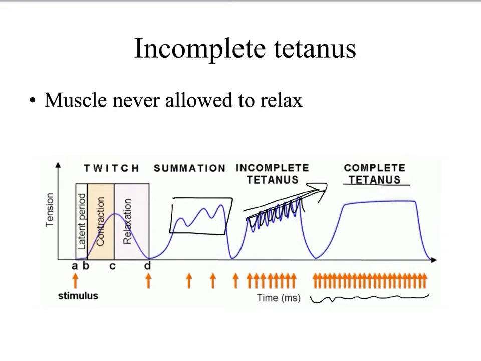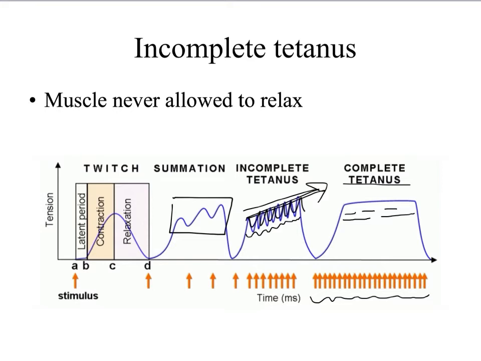Complete tetanus is not sustainable for a prolonged period of time at all, because you're going to end up totally depleting calcium and depleting the ATP supply. But what happens here is that you never, ever enter the relaxation cycle. So over here, you've got all the phases. They're just really shortened. Over here, there's never a relaxation.